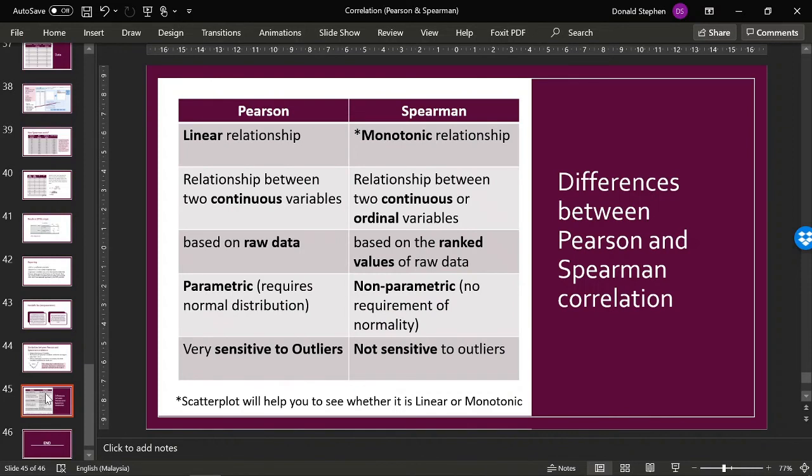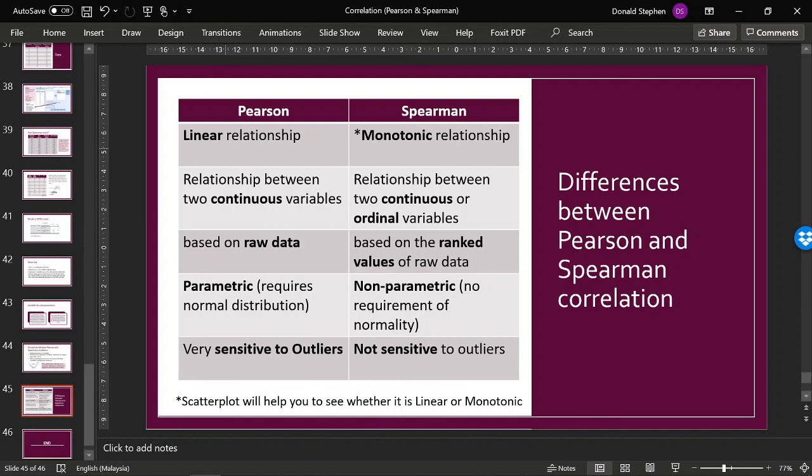But what are the differences? So here I have listed down in the form of table. This is something that we have discussed earlier on, just to refresh your mind about Pearson and Spearman. So Pearson is about linear relationships. Linear, we are talking about straight line. Okay.